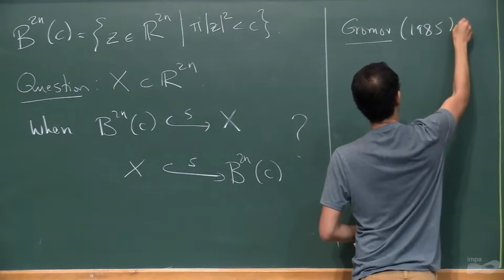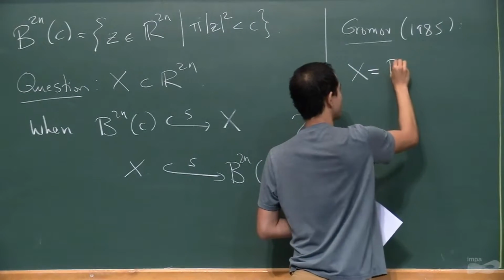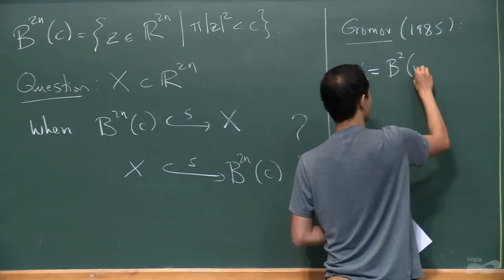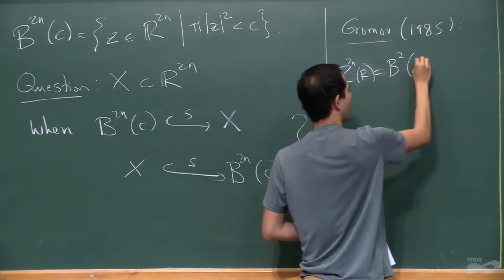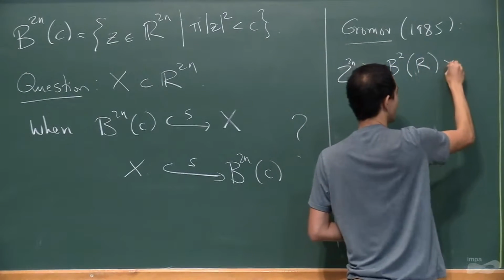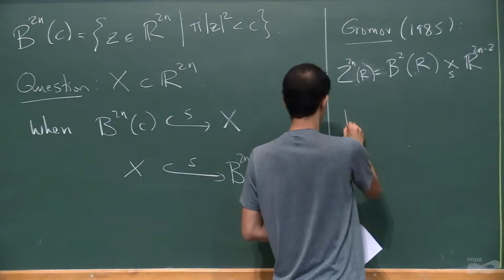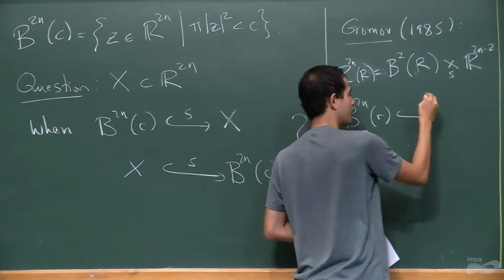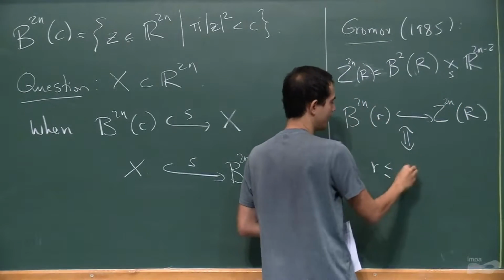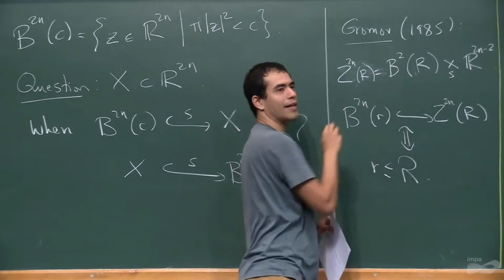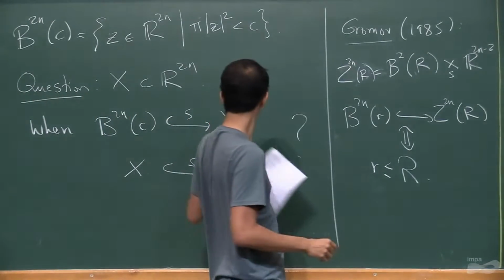Gromov, in 1985, in a very important, famous paper, said: if X is the cylinder Z^n(R), let me define it as usual, the ball in dimension 2 of capacity R times R^{2n-2} with the symplectic product, then the ball B^{2n}(r) embeds symplectically into the cylinder if and only if little r is less than or equal to big R. And I'm going to stop writing the S for symplectic embedding. Every embedding I write today will be a symplectic embedding, so I'll drop this S from the notation.